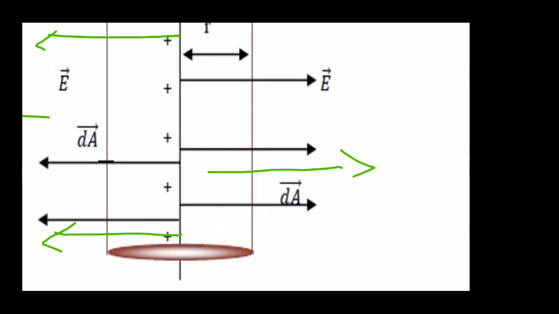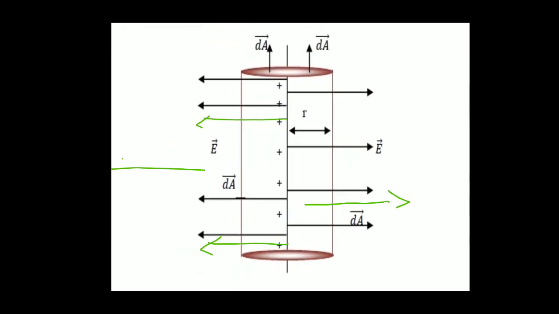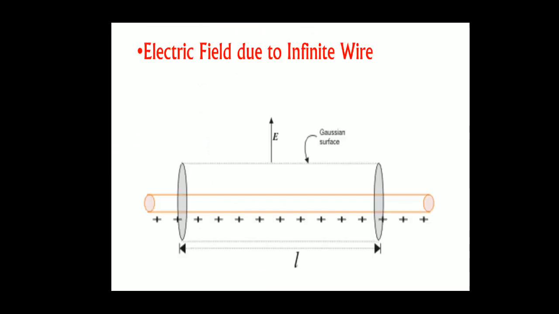And the third one is the curved surface. If I draw the area vector for the curved surface, the perpendicular is shown here, and here, and from here as an area vector. So here I have drawn three area vectors: two for the flat top and bottom surfaces, and the next one for the curved surface.